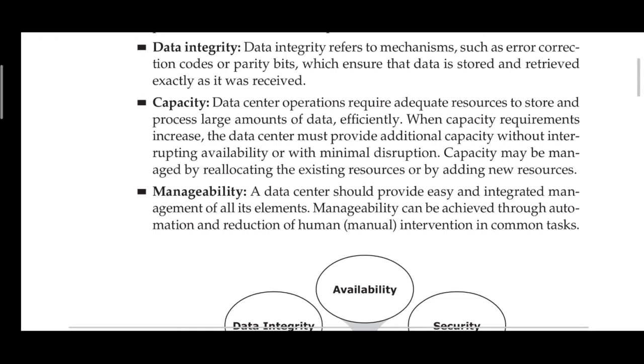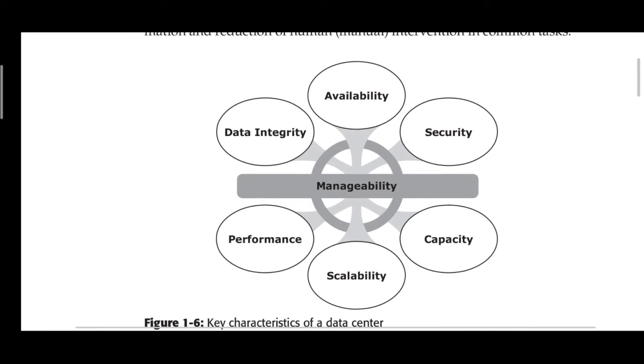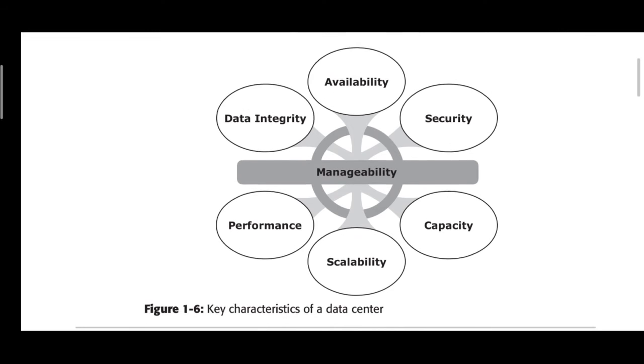Manageability: a data center should provide easy and integrated management of all its elements. So finally, the key term used is manageability. It contains all the 6 parameters, integrity, availability, security, capacity, scalability and performance, together.